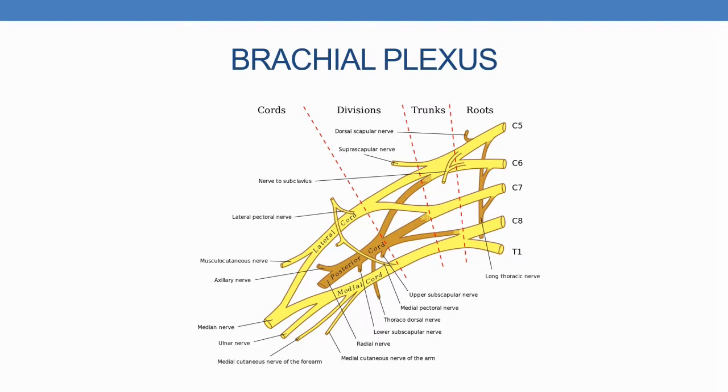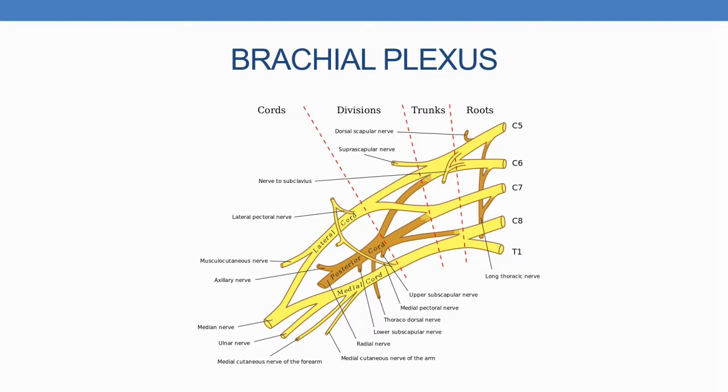Now, the lateral cord, the medial cord, and the posterior cord are named for their relationship to the axillary artery, which courses right through, interwoven through these cords, with the posterior cord lying posterior to the axillary artery, the medial cord medial, and the lateral cord lateral to the axillary artery. And so this is going to be important when it gets to our discussion of the thoracic outlet syndromes.